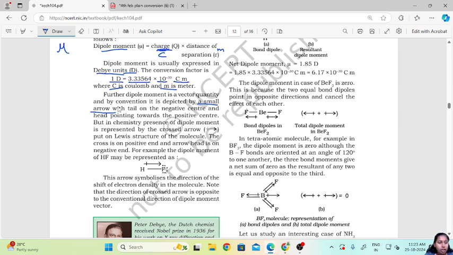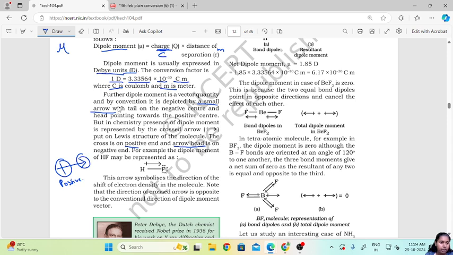But in chemistry, the presence of a dipole moment is represented by a crossed arrow. Normally it is tail on negative and head on positive, but in chemistry we represent the dipole moment by a crossed arrow put on the Lewis structure of the molecule. The cross is on the positive end and the arrowhead is on the negative end.